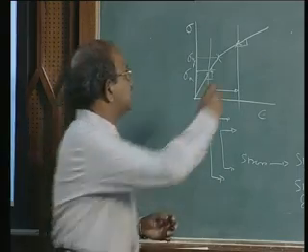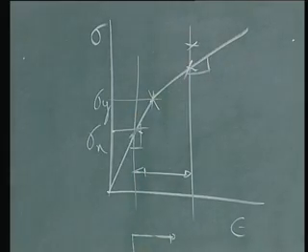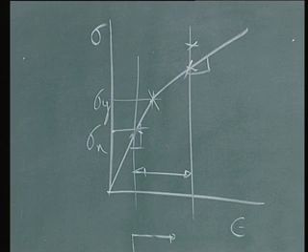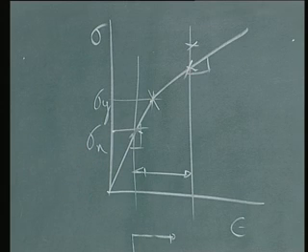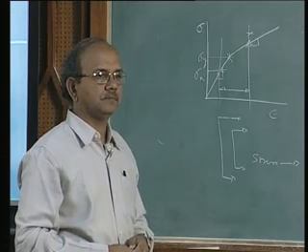I can't get a stress at this point for that strain. So, I have to see that I lie on the curve. This is what we would call the consistency condition, and consistency conditions also have to be satisfied, okay? And you will understand the problems exactly now as we go along.